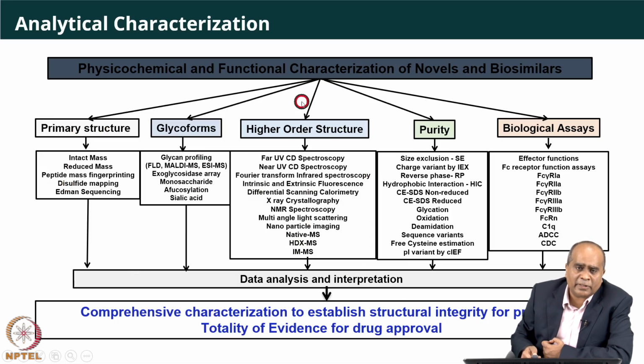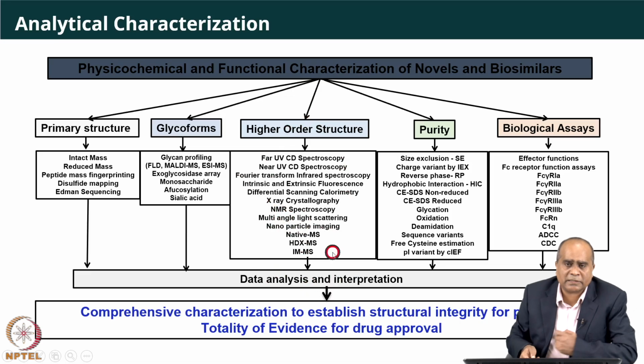In this course, we are discussing these techniques, the higher order structure, and each of these techniques is involved in itself. I only discussed up to fluorescence and Raman, but think about DSC giving thermal stability, X-ray, NMR, multi-angle light scattering, all of these are again extremely involved techniques and you require expertise here.